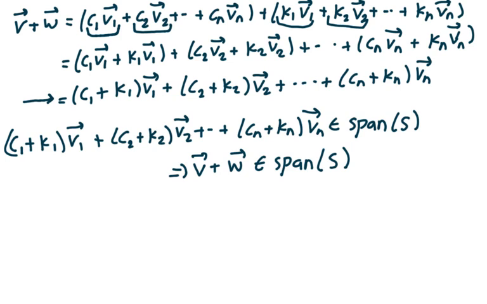It is not enough to just look at the first line, that is not enough to show that that sum belongs to the span. Okay? It has to be written this way.